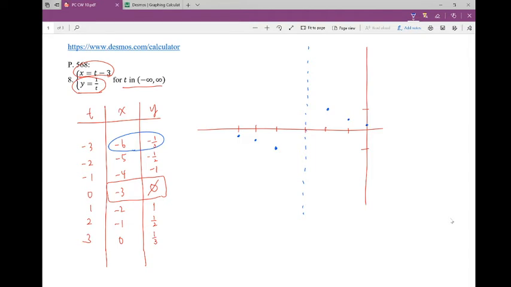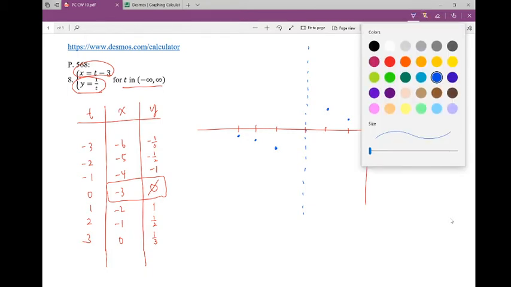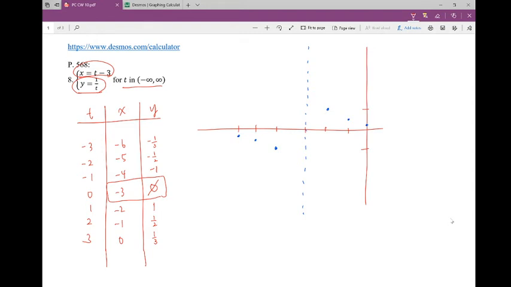Now what is this looking like? Let's plug in some more values to find the pattern we can graph. So if I take an extremely negative t, let's say negative 100, I get x is negative 103, and then my y is 1 over negative 100, which is negative 0.01.